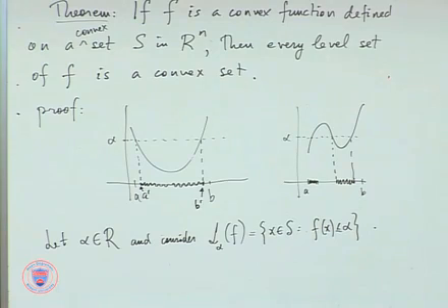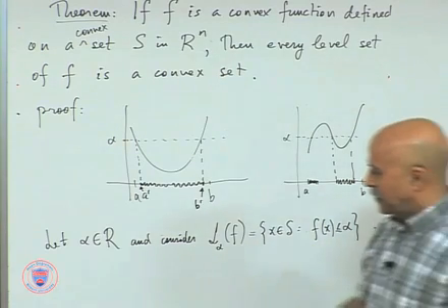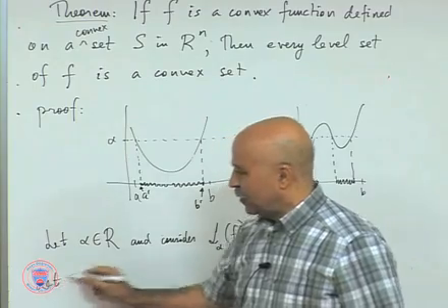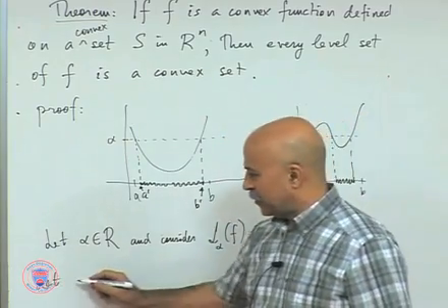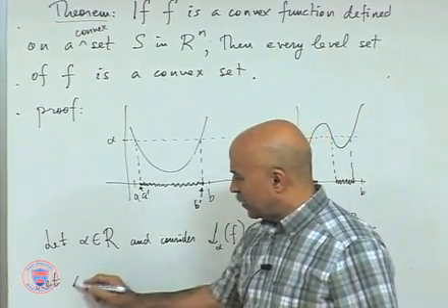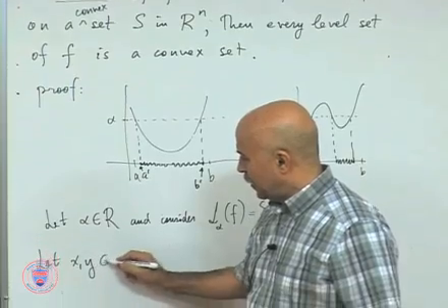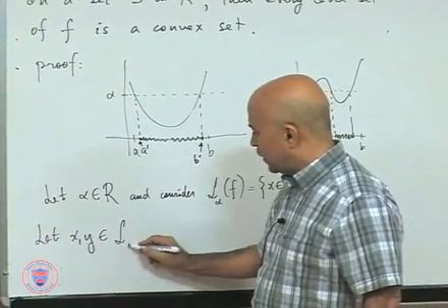So to prove that this set is a convex set, what do you need? You need to pick 2 arbitrary points. So let's pick x and y in the level set.